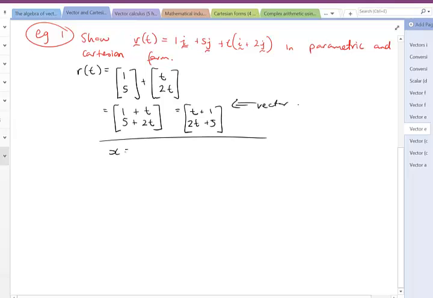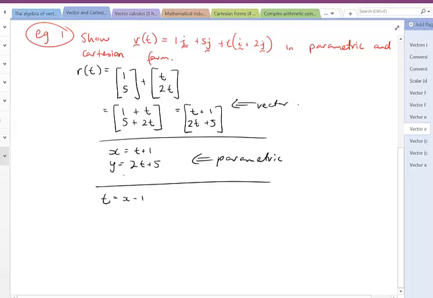Parametric form, we've got x is equal to t plus 1 and y is equal to 2t plus 5. And then in Cartesian form, we can say that t is equal to x subtract 1 and 2t is equal to y subtract 5, and therefore t is equal to (y subtract 5) on 2. When we equate those two, (y take 5) on 2 is equal to x take 1.